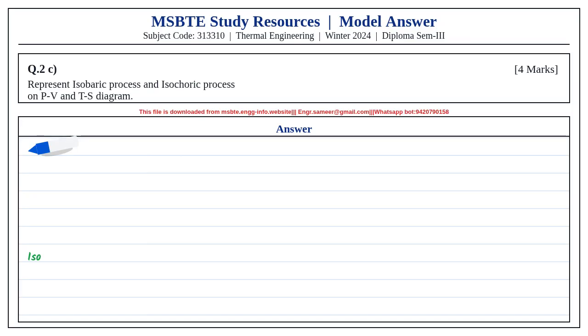Question 5B. Derive characteristic gas equation using Boyle's law and Charles' law. Let 1 kilogram of ideal gas change from state 1 to state 2 through an intermediate state 2 dash. Process 1 to 2 dash is at constant pressure and process 2 dash to 2 is at constant temperature.